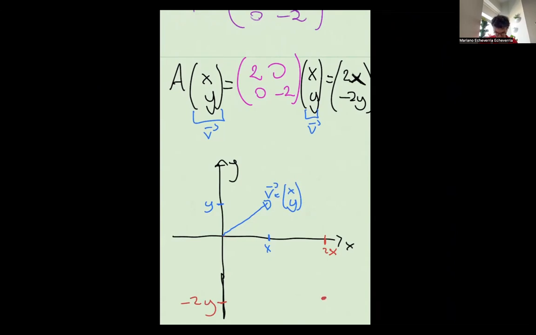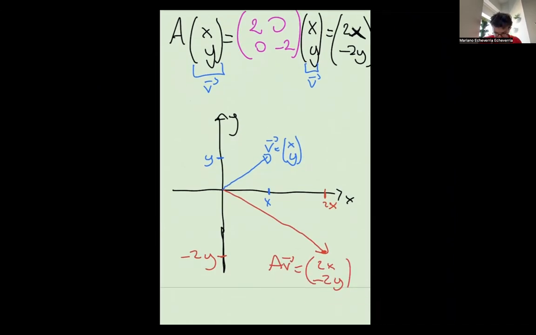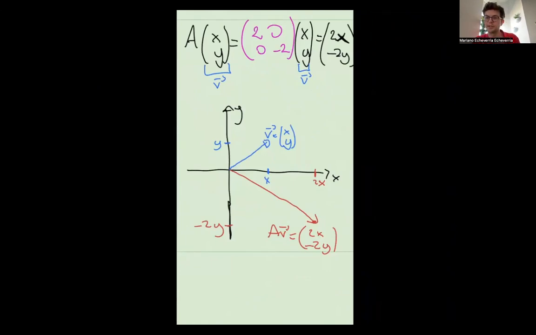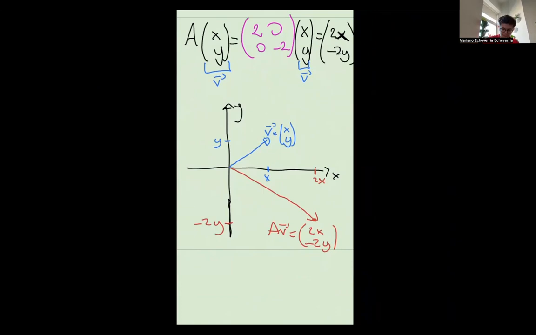So the new vector, which is AV, is (2x, -2y). What this matrix is doing is doubling the vector but at the same time reflecting it, like a doubled mirror operation. We had seen the mirror operation before. This matrix A takes the mirror image of the vector, but doubles that image. Is that making sense?